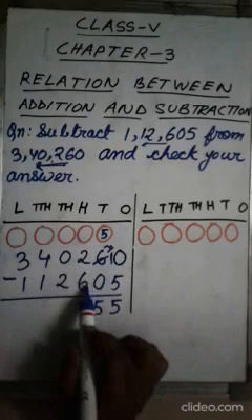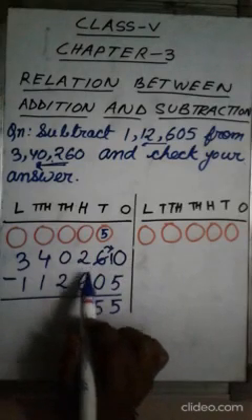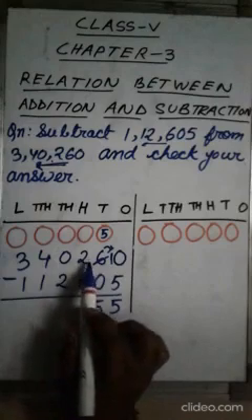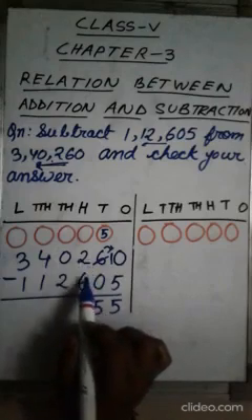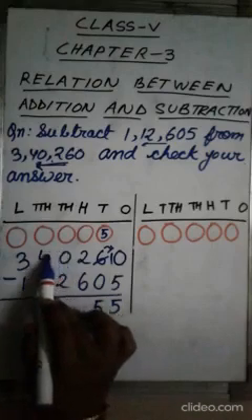Here 2 minus 6, we cannot subtract 6 from 2 as 2 is less than 6. We have to borrow 1 from its next place, but here you can see that it is 0. We cannot borrow anything from 0, so we go to the next place.